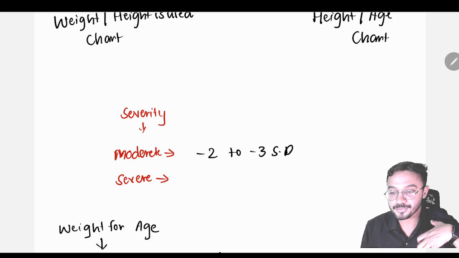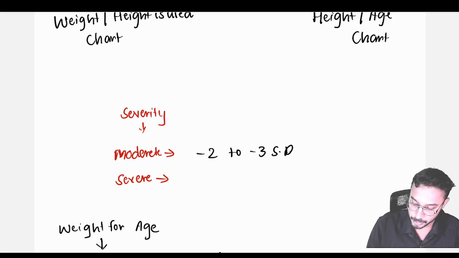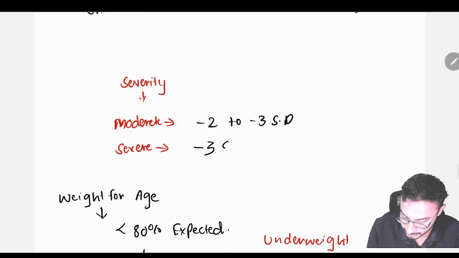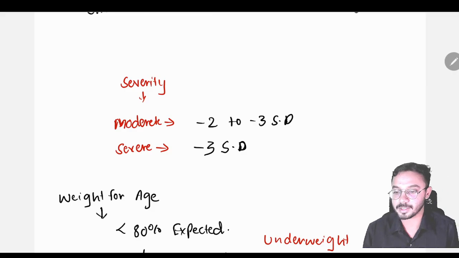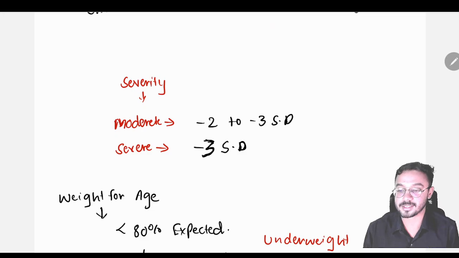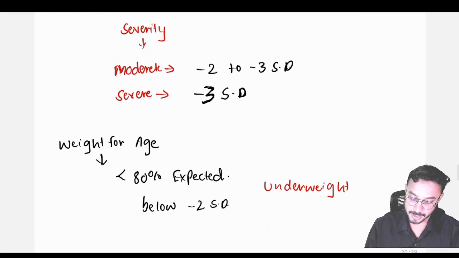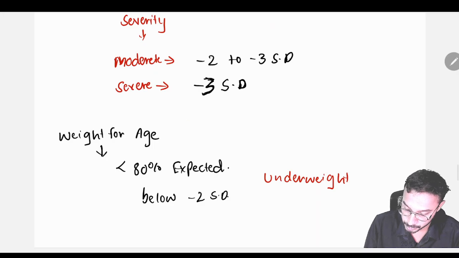If you want to tell severe malnutrition, the value should be at -3 standard deviation. Okay, -3 indicates severe malnutrition.